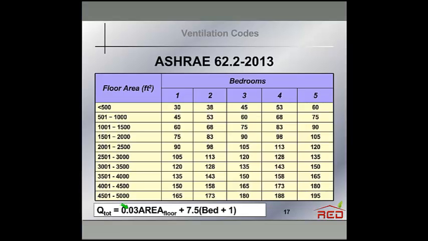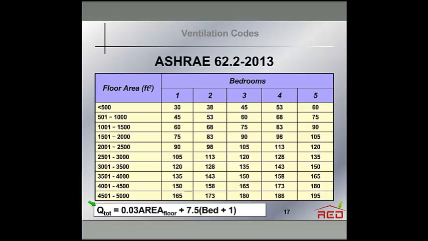Now that went on for a number of versions of the standard, and it seemed rather arbitrary that every house, whether it was built in 2009 or built in 1809, was given the same default infiltration value of 2% of the floor area. So the mathematics of the standard was reworked.